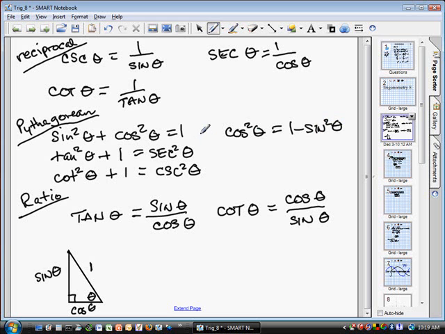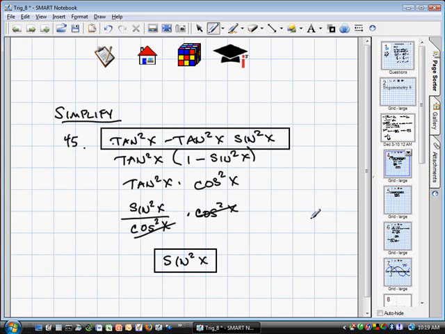Did everybody see that? If I simply subtracted sine squared from both sides of that equation on the left, wouldn't I get the one on the right? Okay, so that means 1 minus sine squared theta is exactly the same as cosine squared theta. Hence, on this page, in place of 1 minus sine squared, I plugged in a cosine squared.